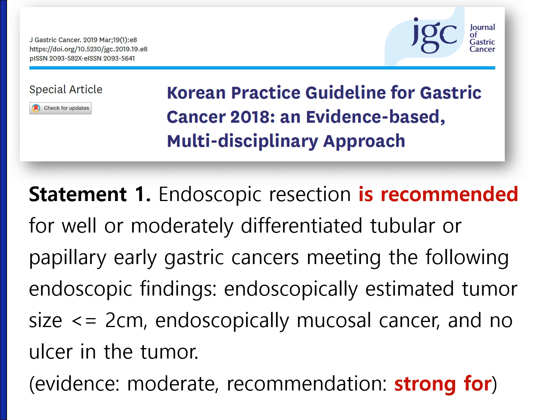Endoscopic resection is recommended for well or moderately differentiated tubular or papillary early gastric cancers meeting the following endoscopic findings: endoscopically estimated tumor size of 2 cm or less, endoscopically mucosal cancer, and no ulcer in the tumor.